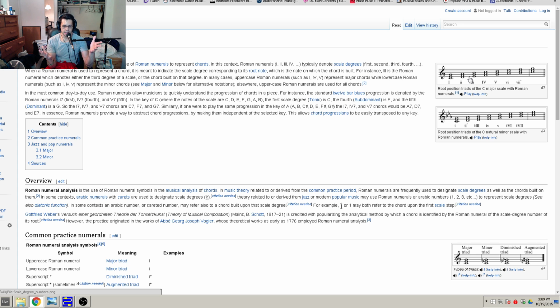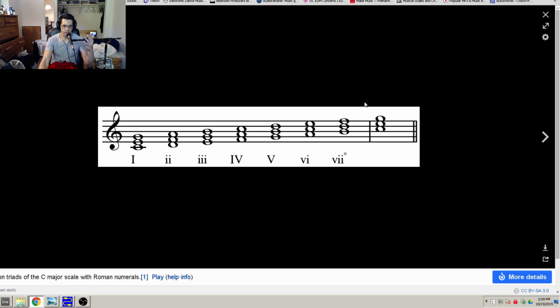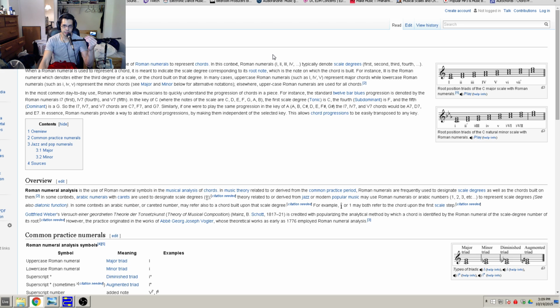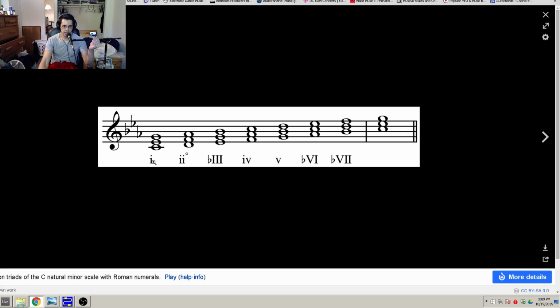The reason people like doing this is because it's easier to describe the relationships that exist between chords in terms of Roman numerals, because every single minor scale has the same exact type of Roman numerals. What this means is every single minor scale will have these same type of Roman numerals.